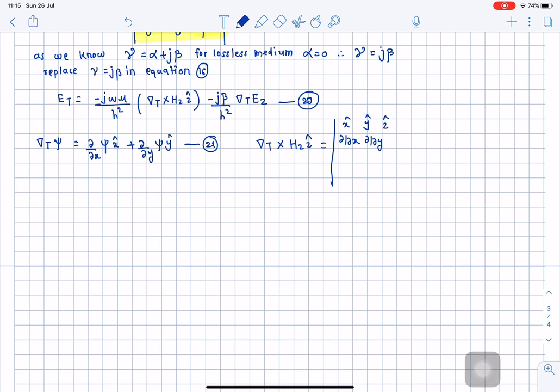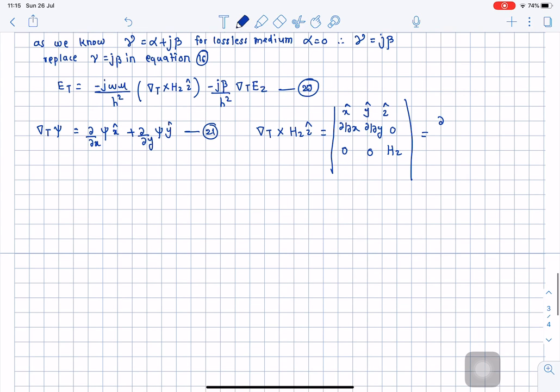There is no del by del z, it is 0. The x term is 0, the y term is 0, and only the z component is there, which is along Hz. When you substitute, I get del by del y Hz of x cap. If you simplify, take the matrix multiplication, minus del by del x Hz y cap. Let us call this equation number 22.